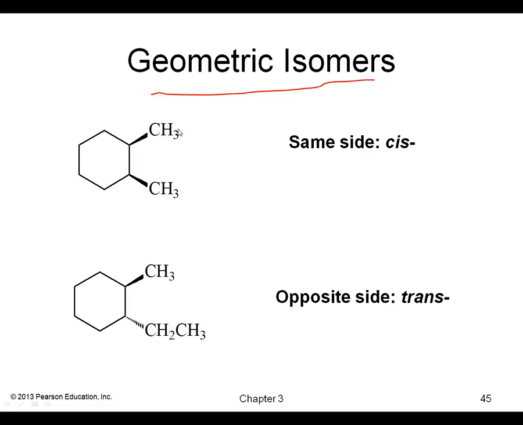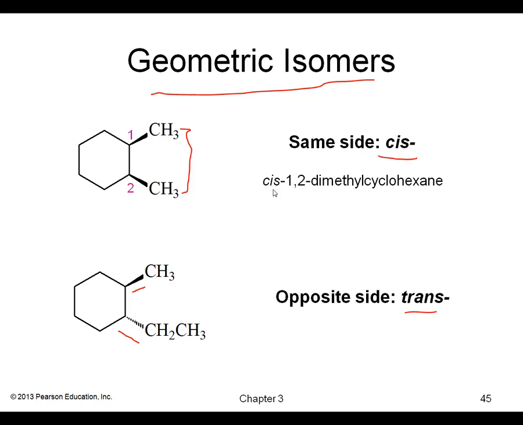Here, when I have two groups on the cyclic molecule, I've got to tell you if they're on the same side or if they are on the opposite side. If they're on the same side, using two wedges, they are cis to each other. If they are on opposite side, using a wedge and a dash, they are trans to each other.